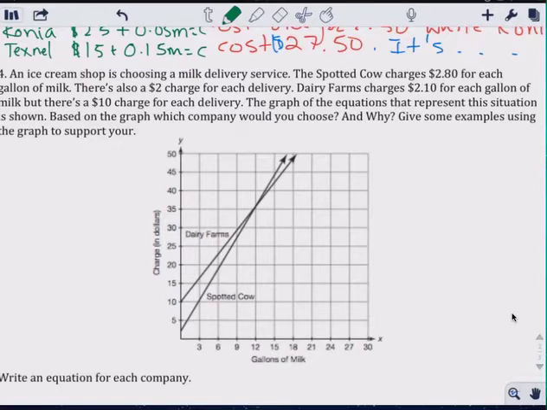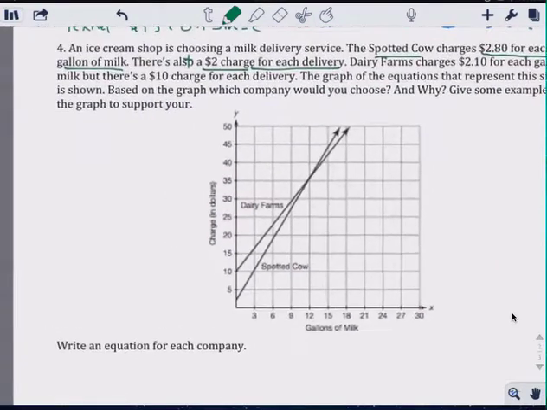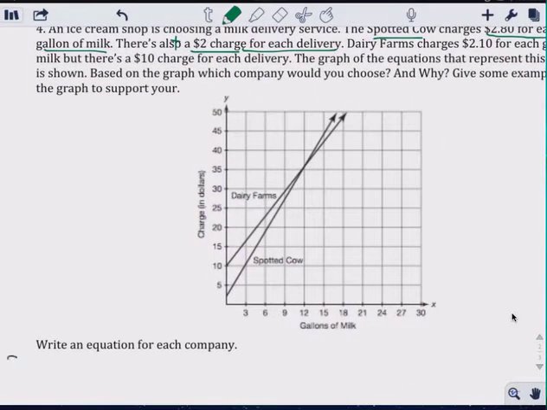Okay. So number 4, an ice cream shop is choosing a milk delivery service. The Spotted Cow charges $2.80 for each gallon of milk, plus $2 for each delivery. So let's go ahead and write the equation for that. Spotted Cow, I like that name.